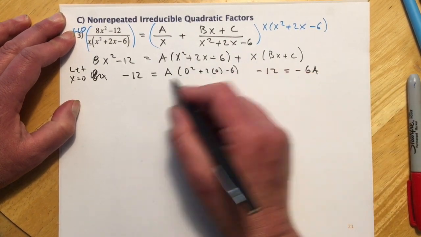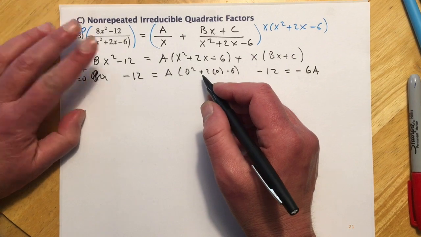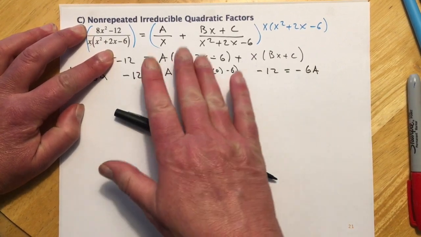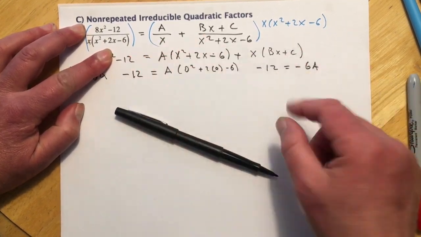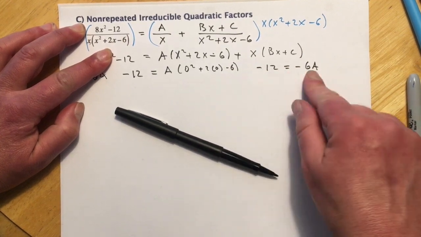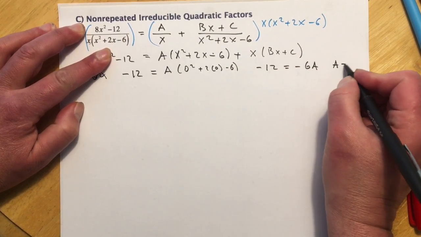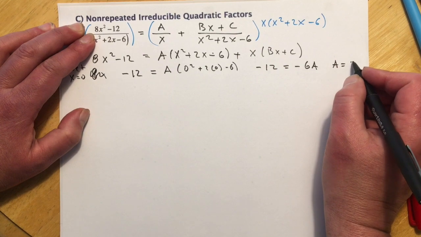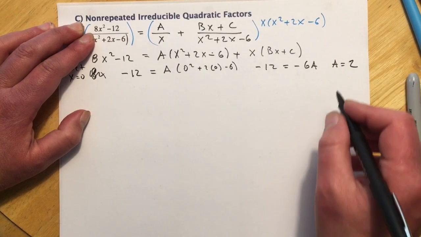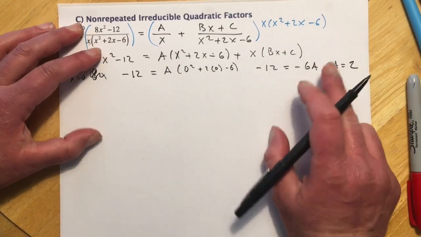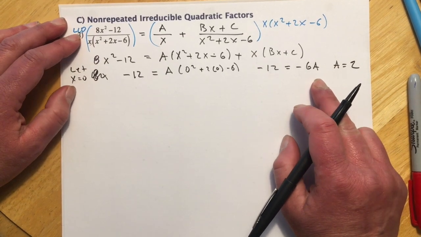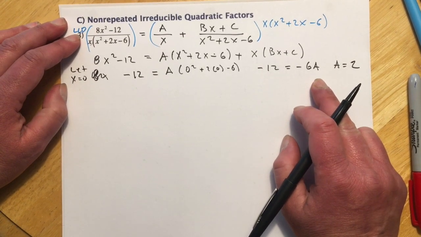I keep showing this step, and it just seems like it makes it so much harder. If this is 0, you got negative 12, and these are gone, so negative 6 times a. So I would try to think of it that way. Anyhow, that gives us that a is 2. Which is actually a big advantage, because that's going to take us from a 3 equation 3 unknown to a 2 equation 2 unknown.